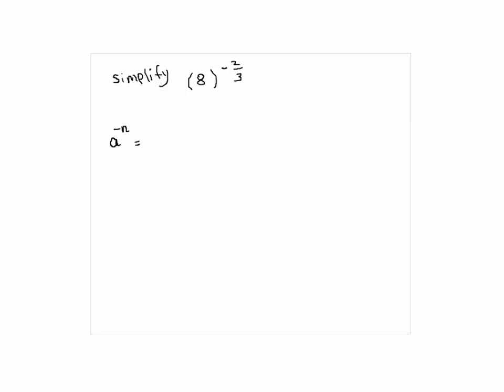Okay, yes, so that would be 1 over a to the power of plus n.